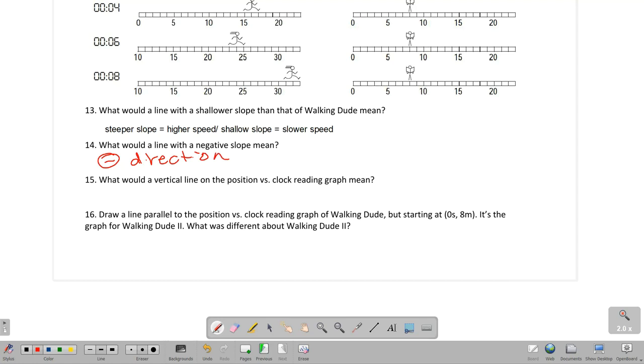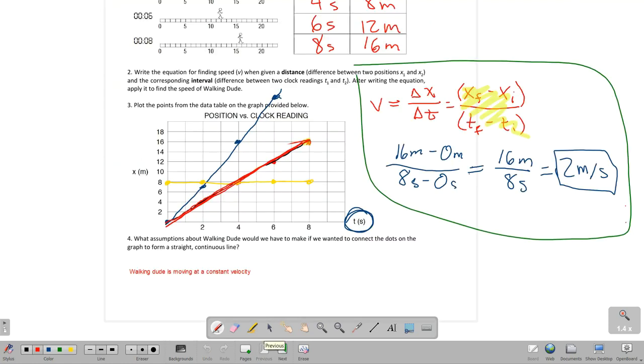Okay, what would a vertical line on the position versus clock graph mean? Well, before we answer that, let's look at this for a second. If there was a vertical line on there, let's put one on there at 9 seconds.